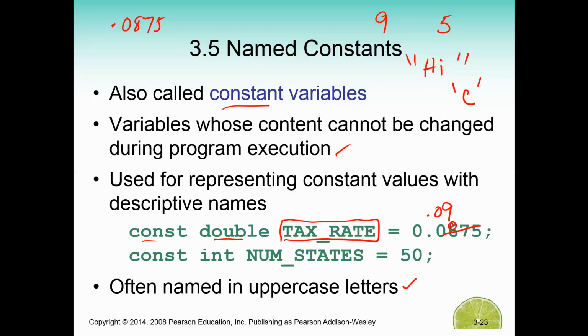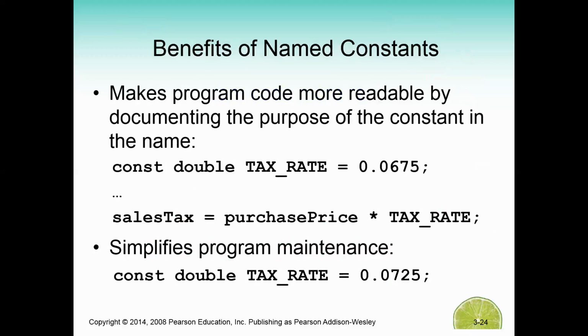For the variables, we use lowercase letters. When we're using the camel format, the first letter of the second word is capitalized, and the third, and so on. So for constants, they recommend all caps, which is what we're going to be doing. What are the benefits of the constants?